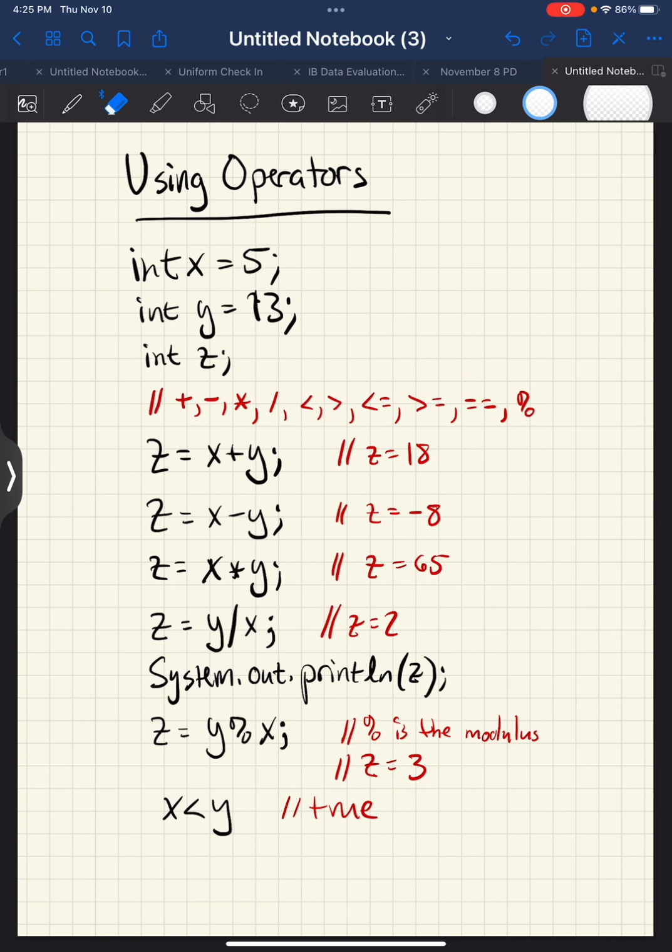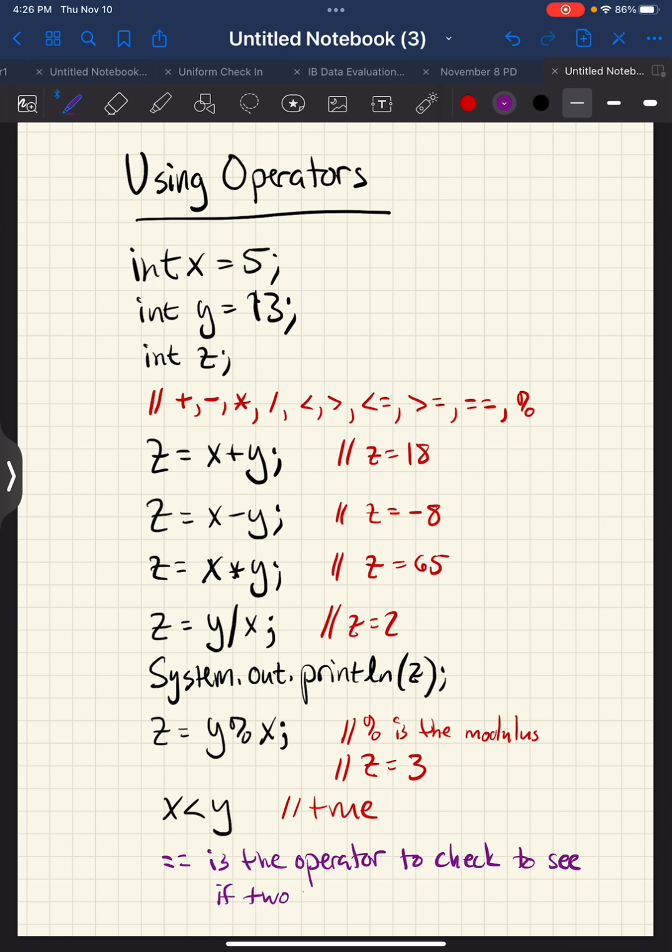The one that's maybe a little bit unusual, and we're going to talk now about why it's this way, is equals equals, right? Equals equals is the operator, and I'm going to put this in a different color to show you it's not code, to check to see if two values are equal.